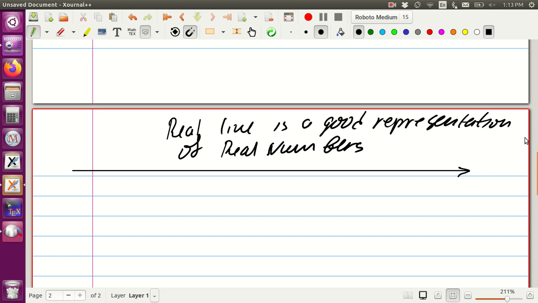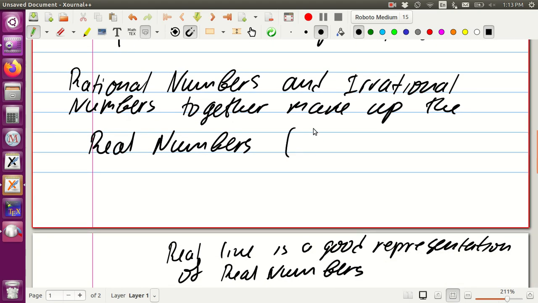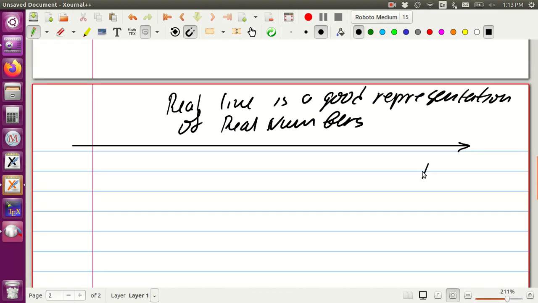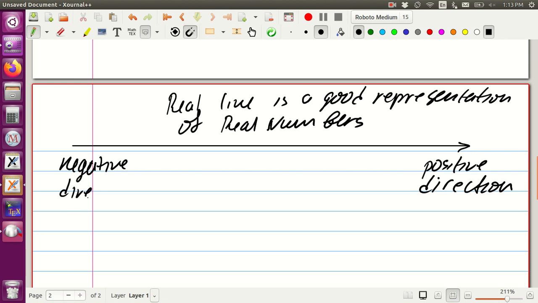And for real numbers, I didn't say it, but we can use this symbol R with a double vertical line. To the right, we have a positive direction, and to the left, we have negative direction. And in the middle, we have the origin.